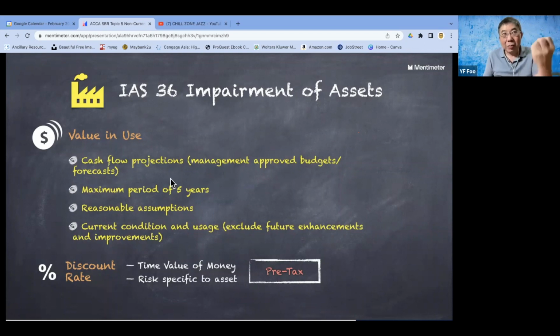But that's always going to be an area where there will be subjectivity, because management can be very optimistic. Especially, this is where ethics will come in. If I don't want to have an impairment loss, because an impairment loss is not good, I'll push my cash flow projections a little bit higher, so that my recoverable amount becomes higher than my carrying amount, and therefore I don't do anything.